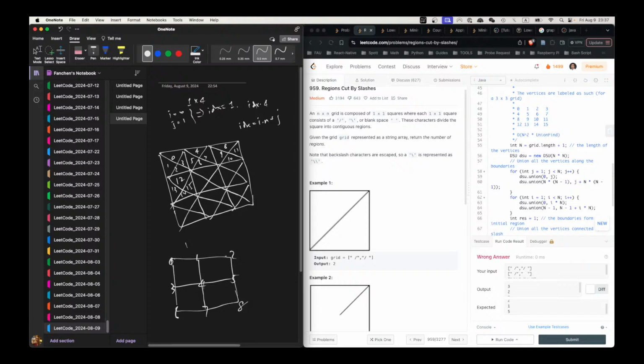So initially I connect all of these together. Right? 0. N is 3. 6.